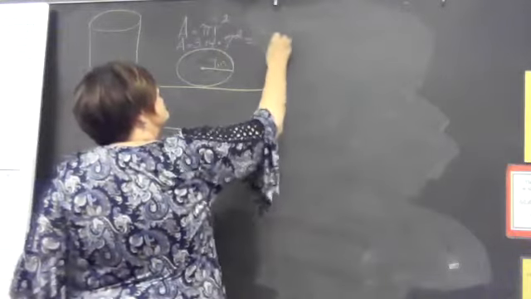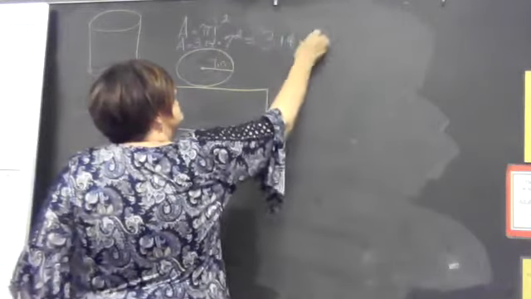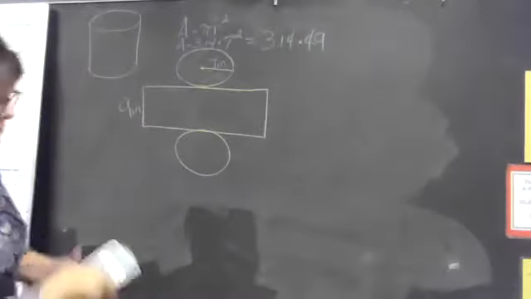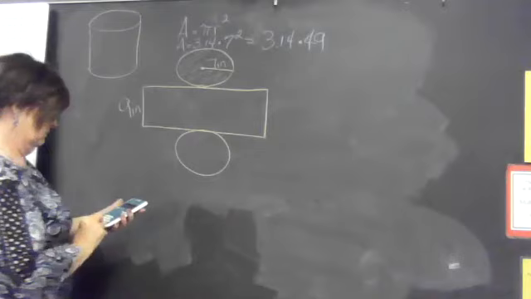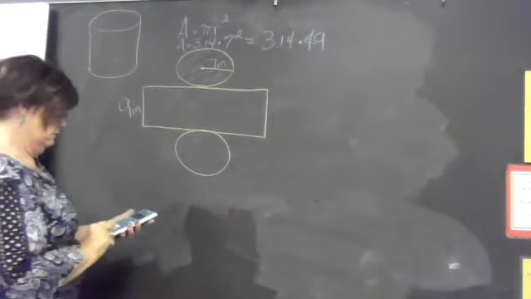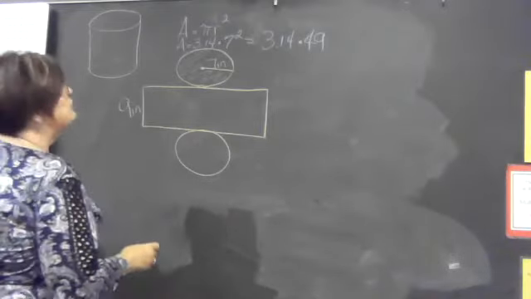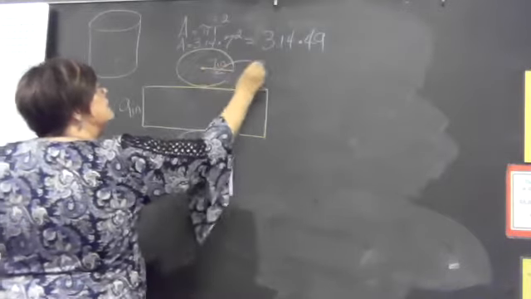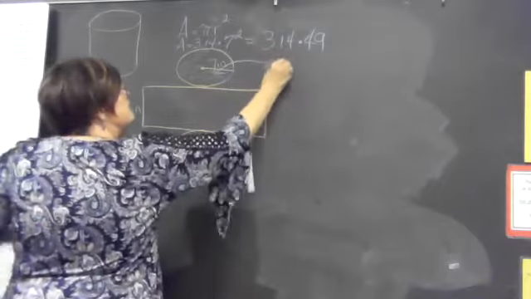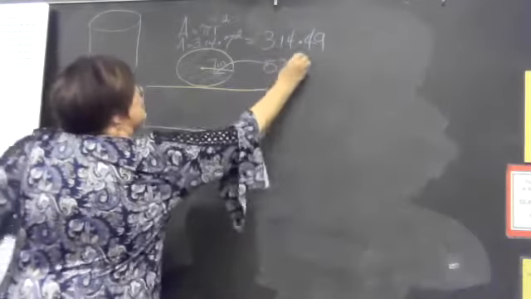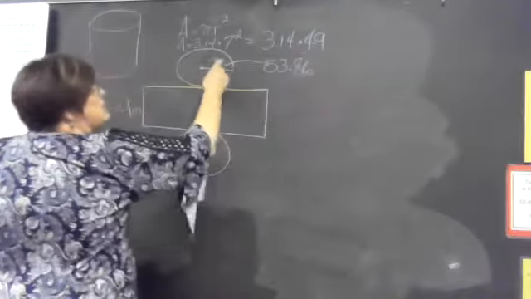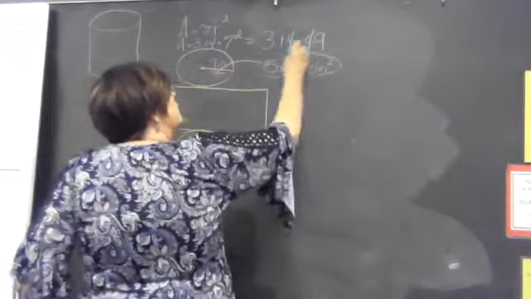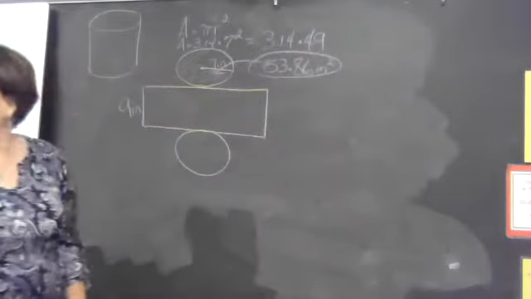So we've got 3.14 times 49. 153.86. We're talking about inches squared. So that is the area.